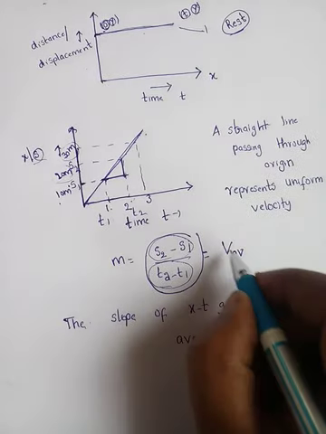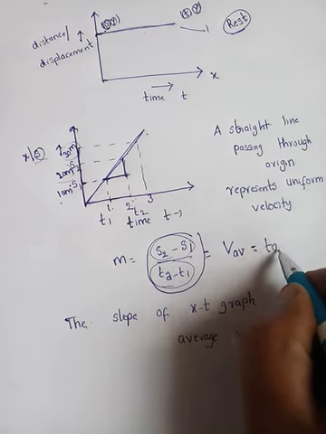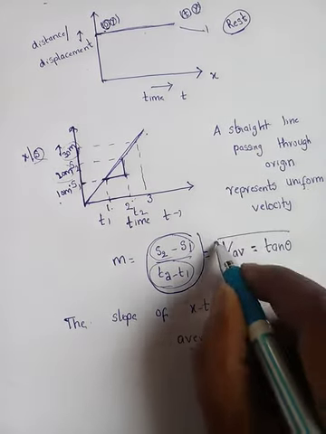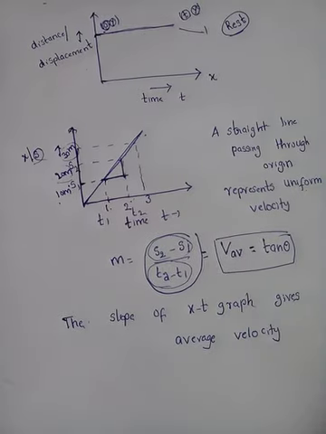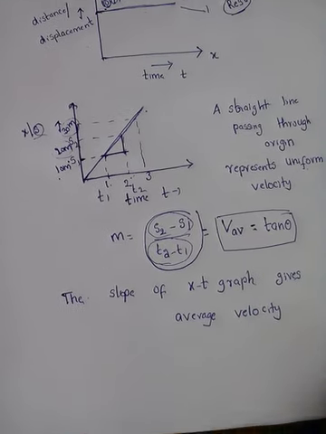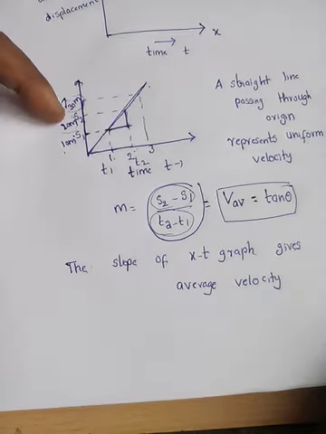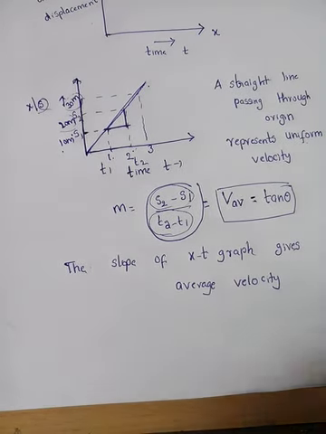So here that equals tan theta, because slope equals the tangent of the angle. So V average equals tan theta. How can we use this from an exam point of view?